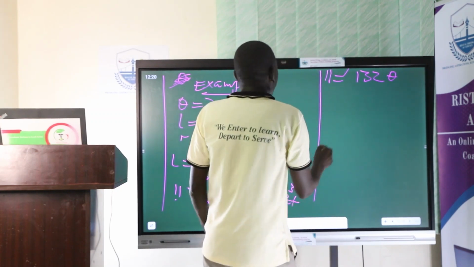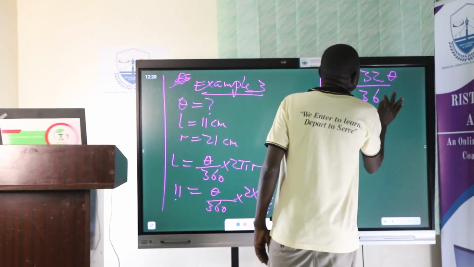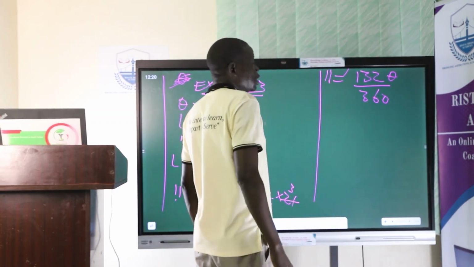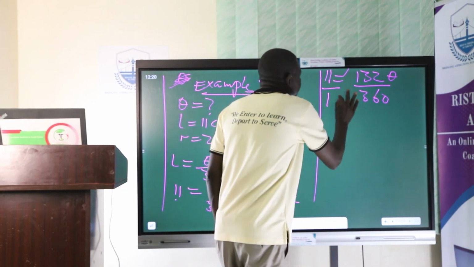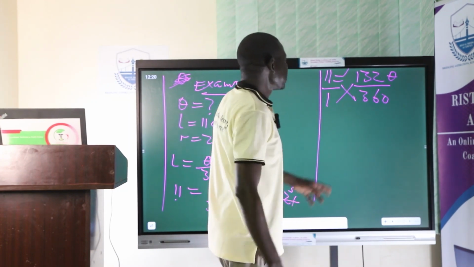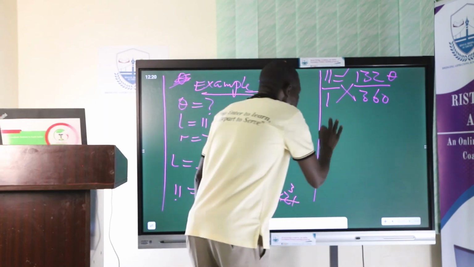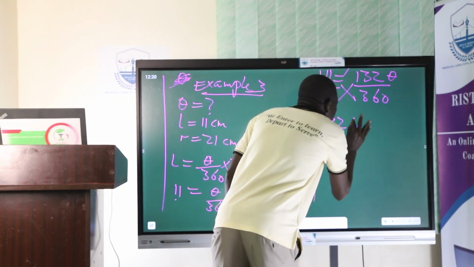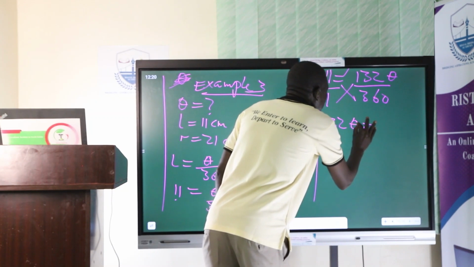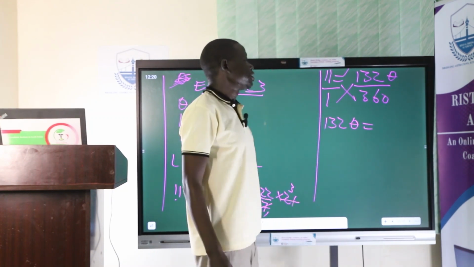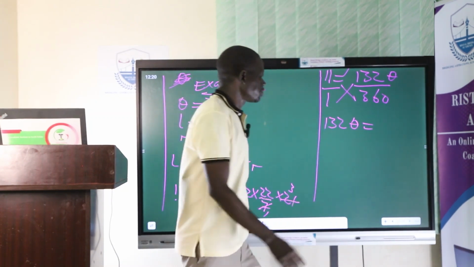When we cross multiply, we find that 1 times 132, we get 132 theta, which is equal to 11 times 360. To make theta the subject, I divide both sides by 132.